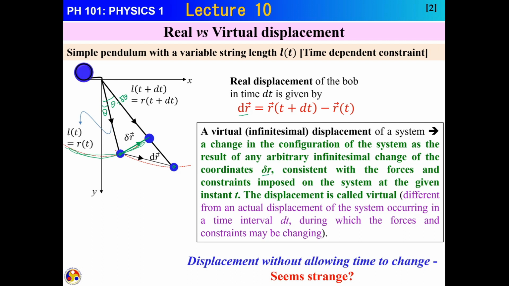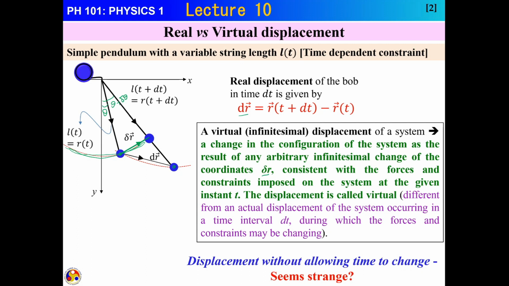Suppose the pendulum is in equilibrium or at an angle, you are only slightly disturbing that to a small distance without involving the time factor in the picture. That's very important. So the time should not change. If time changes, then the situation would be different. So therefore, the displacement when we talk about it as virtual is completely different from the real, where you have a physical change in the length, which is also a time dependent factor.